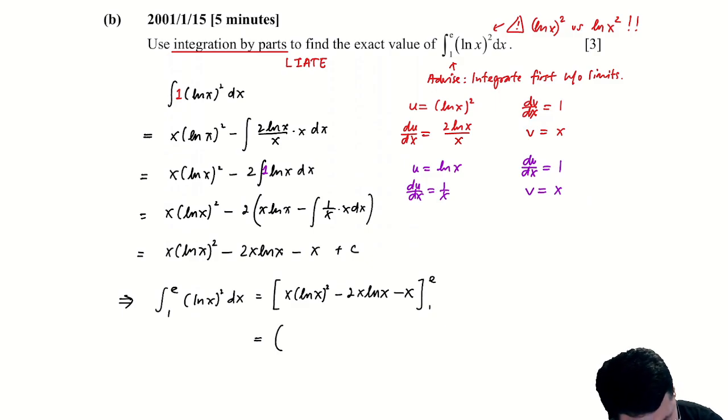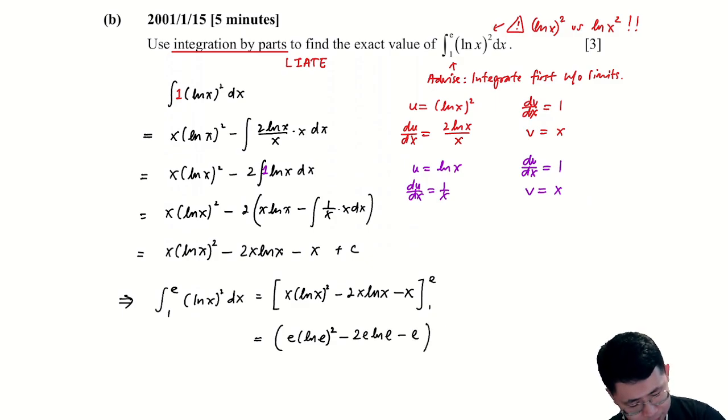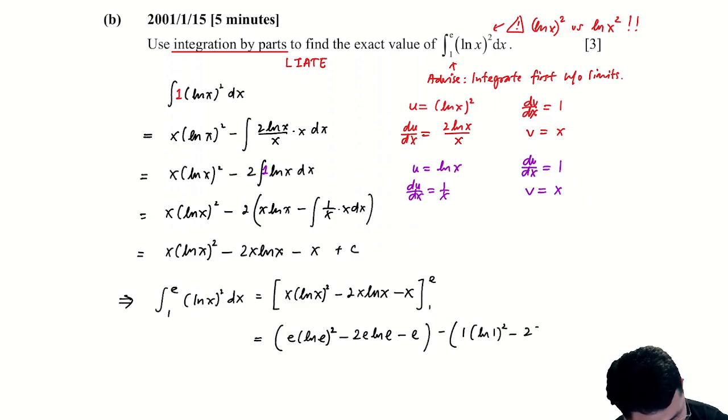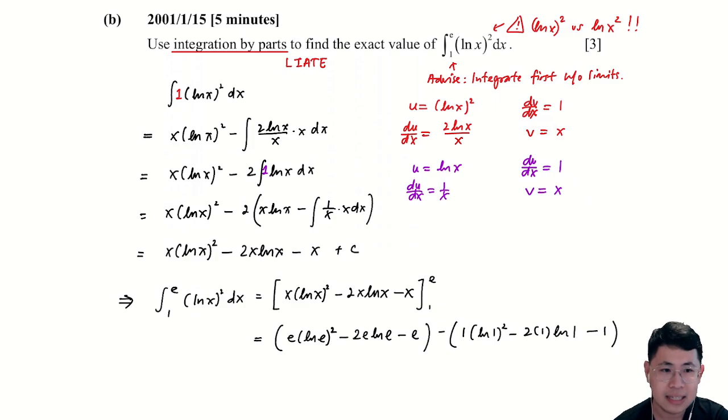So we have e (ln e) squared, then minus 2e ln e minus e. Then we put in the 1, so minus 1 times (ln 1) squared minus 2 times 1 times ln 1 minus 1. So let's evaluate all the ln e's and the ln 1.